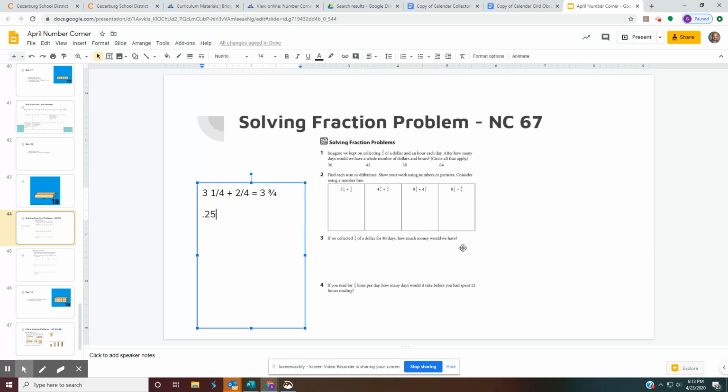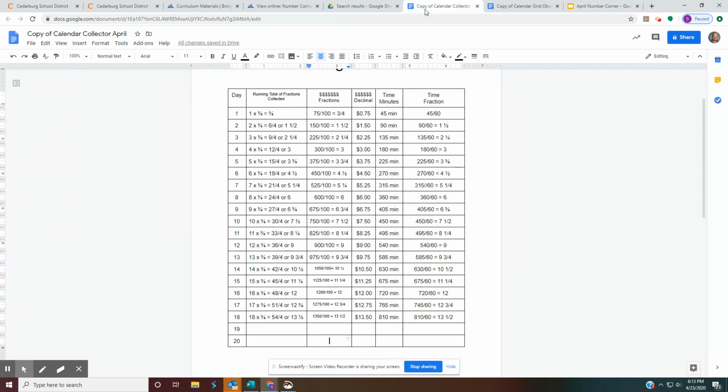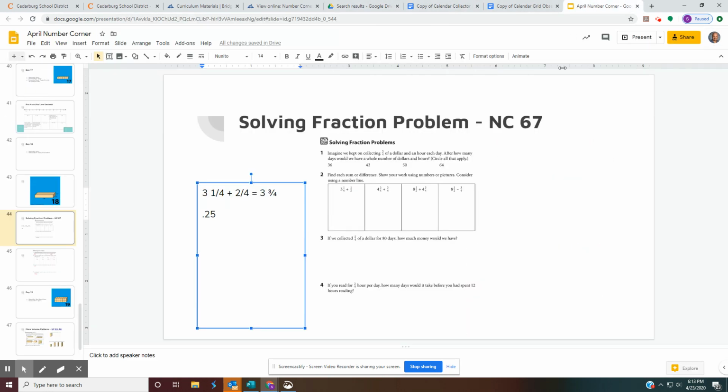Now, number 4 says, what if you read for 3/4 of an hour per day? How many days would it take before you spent 12 hours of reading? Where could I find that information? I'm wondering how many days. Not sure. You can multiply 12 times 3/4, maybe.